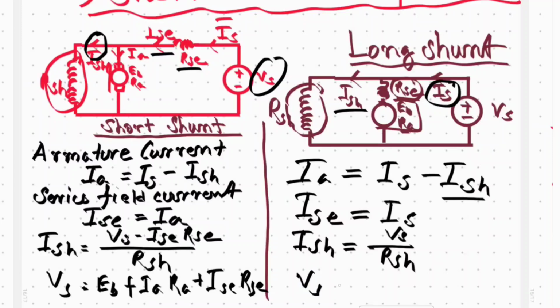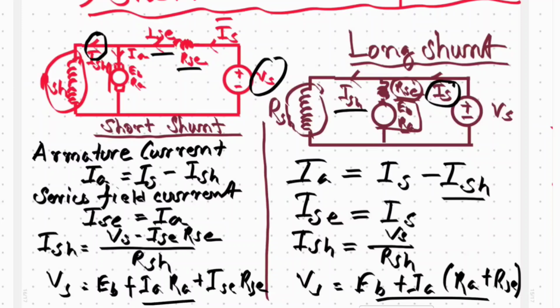Supply voltage VS is equal to EB, the back EMF, plus IA times (RA plus RSE). So these are the equations for the short shunt and long shunt compound DC motors.